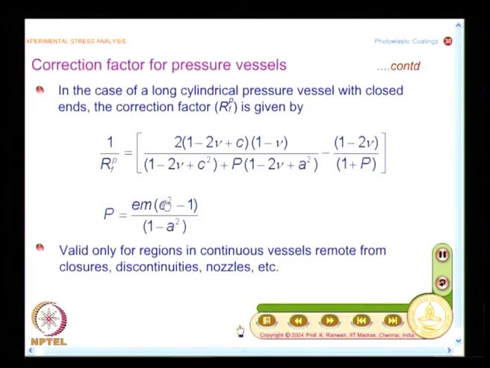We have already seen how you define C and A in the case of a torsional member. A similar definition applies here too.